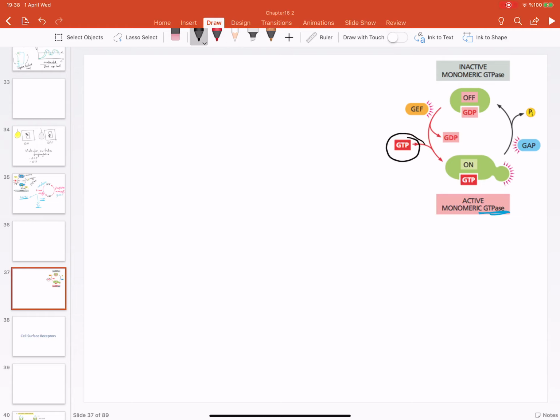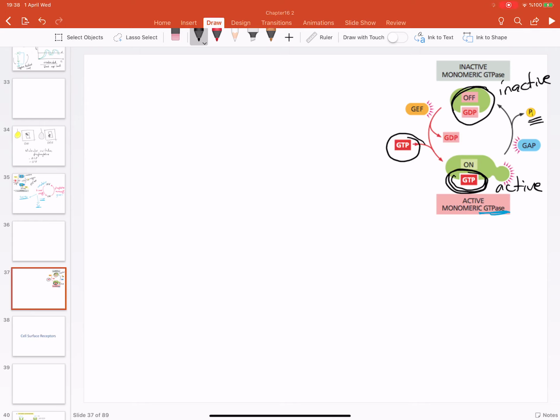So when it is interacting with the GTP, now I'm talking about the entire molecule, it is active. And when it removes the inorganic phosphate group, Pi, and ends up with the GDP, which has two phosphate groups, it becomes inactive. And it shuttles between these two states.